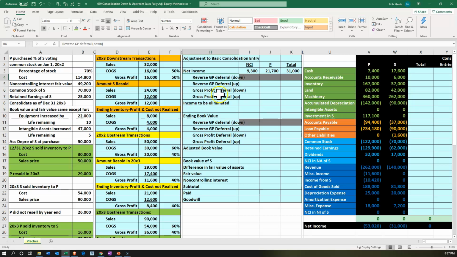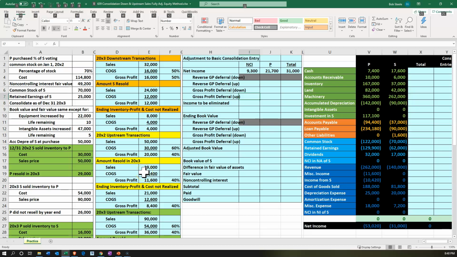So that is that. Then we're going to move to the reverse gross profit deferral up, and this is the one that's going to be a little bit strange, because we had this 2000x2 upstream transaction, meaning it went from S to P, but it happened basically at the end of last year, so there was no resale that happened last year, and we didn't even resell the entire thing in the current year.